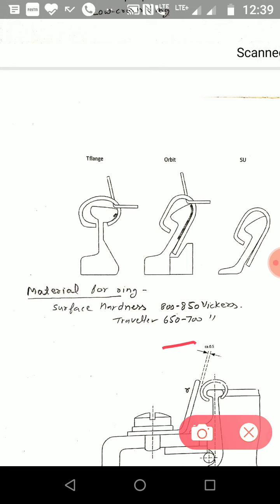The traveler hardness should be slightly lower as it is cheaper and easier to replace. Surface smoothness is also important. It should be high but not too high, since otherwise a lubricating film cannot be built up on it. Materials used for rings are induction hardened steel, nitride steel, carbonitride steels, and chrome steels.